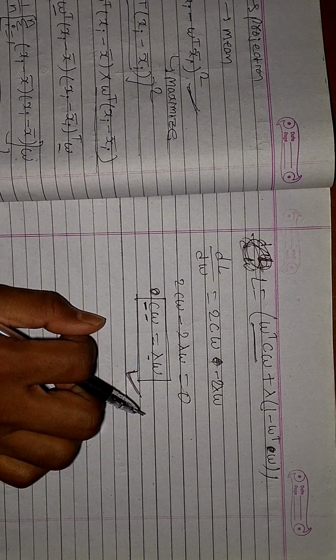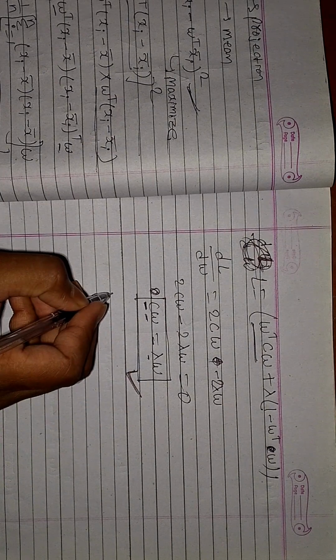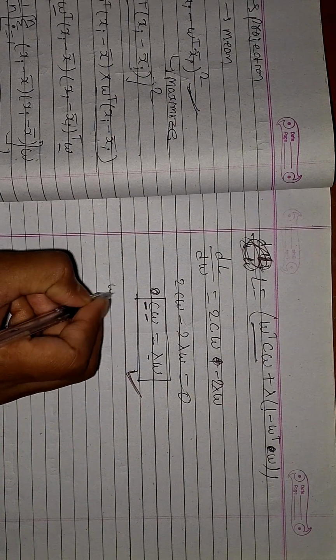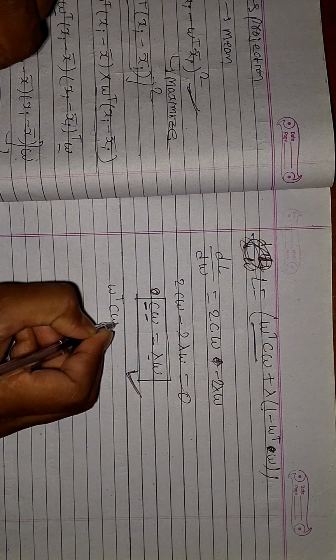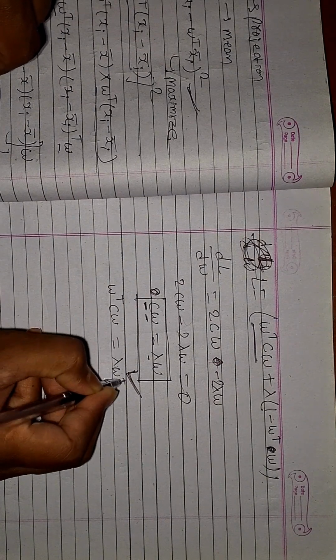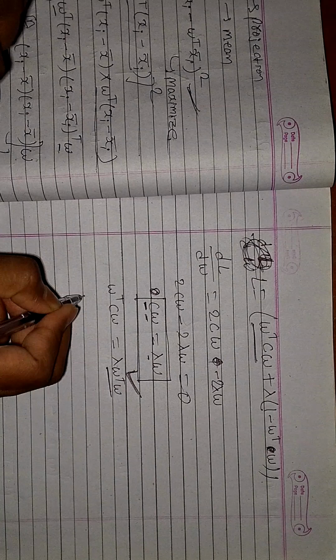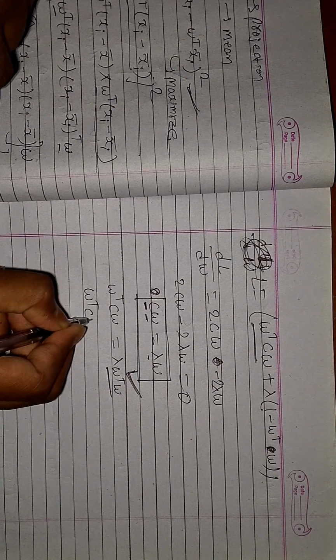To answer that, let's multiply W transpose to the left of this. So this is going to be W transpose CW equals lambda W transpose W, and this thing is 1. So W transpose CW is equal to lambda.